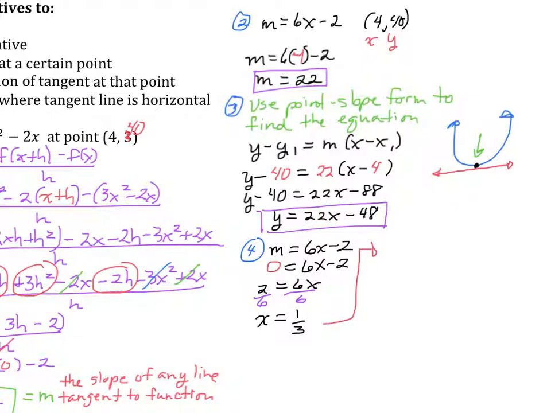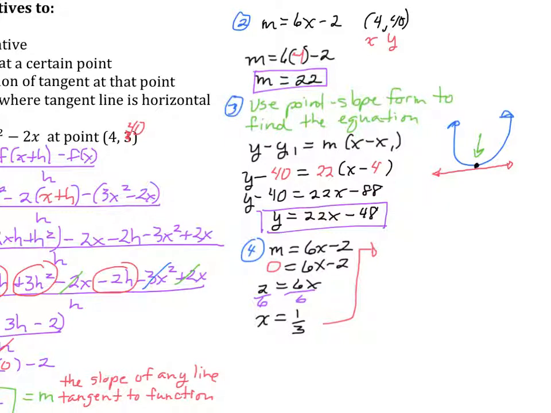Sam, what are you plugging into? Y equals 22x minus 48. No, because this is the equation of the line that's tangent, so it's like some line that's over here somewhere. We want to plug it into this function right here, which is missing over here, but it's the 3x squared minus 2x, right?